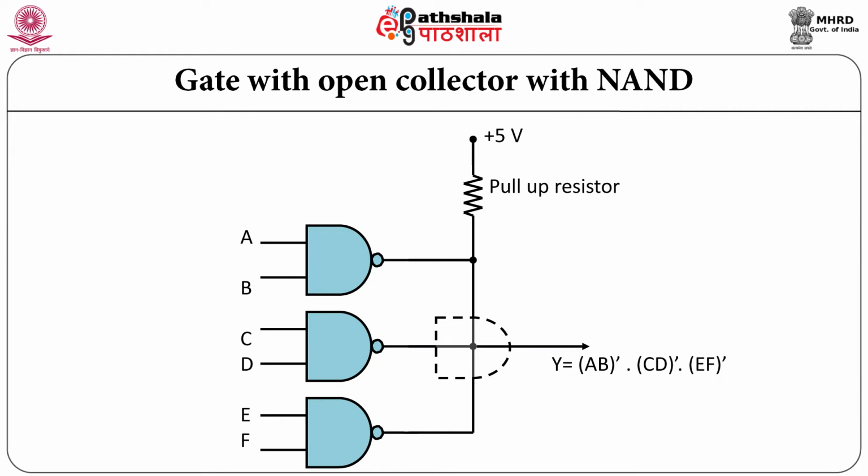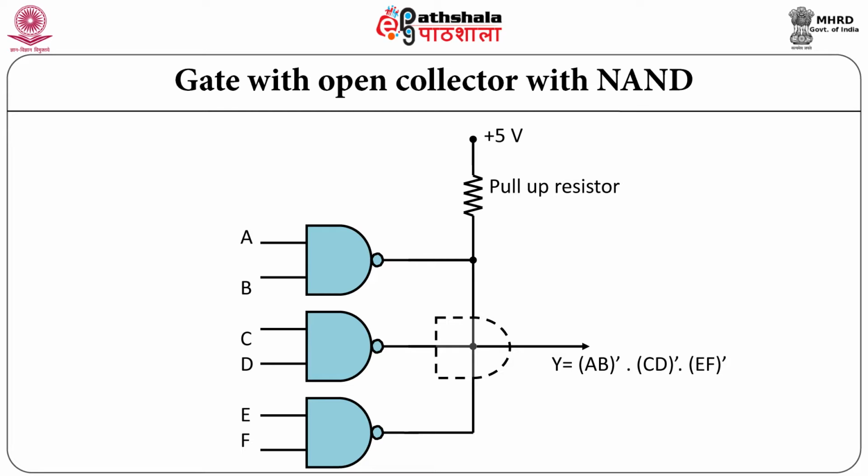Let us now study different possible gates. The open collector outputs of several NAND gates can be connected together to form the wired AND function. In this example, 3 open collector NAND gate outputs are wired together as shown in the figure. One single pull-up resistor is sufficient for this interconnection.